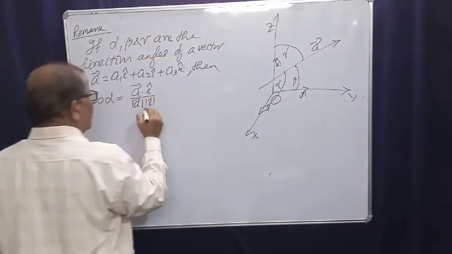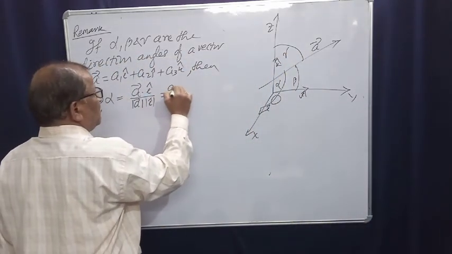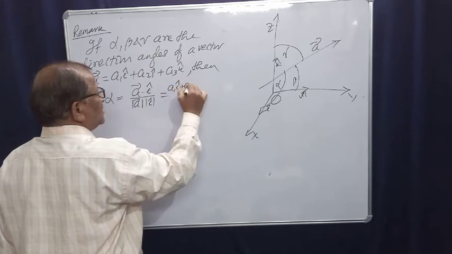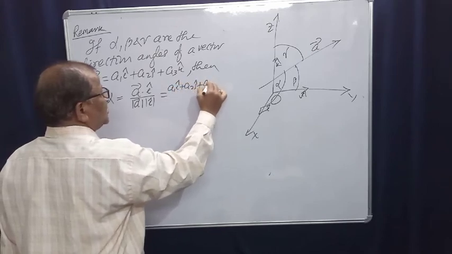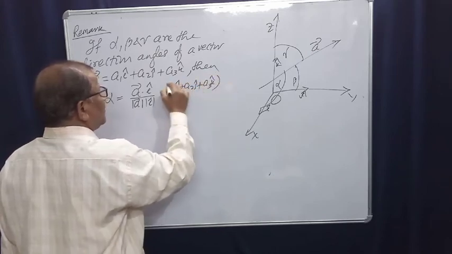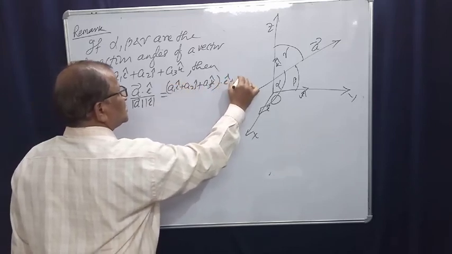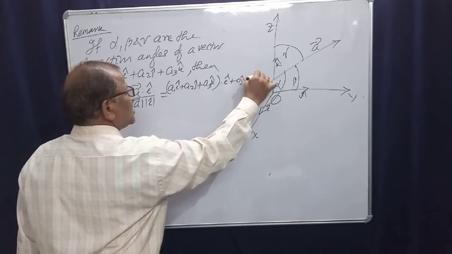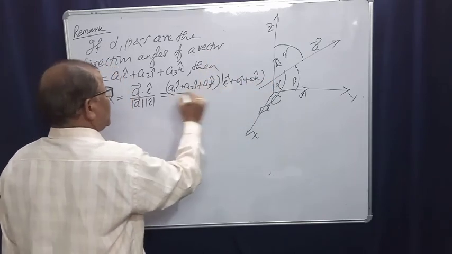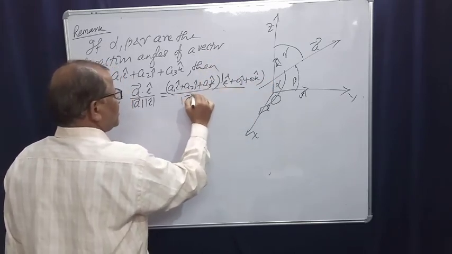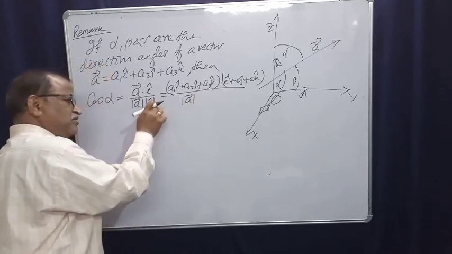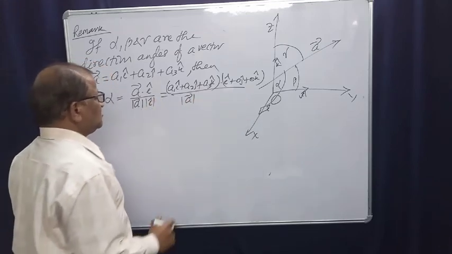This is A1 I cap plus A2 J cap plus A3 K cap dot I cap plus 0 J cap plus 0 K cap, by magnitude of A into 1, because magnitude of I cap is 1.